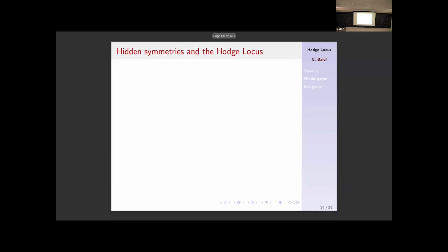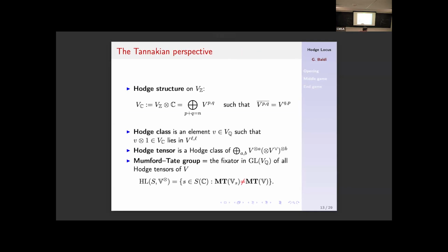Yes, please? When you write these Hodge tensors, this truncates, right? They are not infinite. A priori they're infinite, but in fact you need only finitely many. You're right, it's finitely many. This is purely representation theory. That's right. But if I give you a Hodge structure and you ask me for a bound on how many Hodge tensors I need to go through to find all of them, it's not so clear.